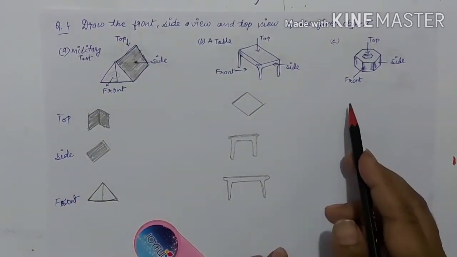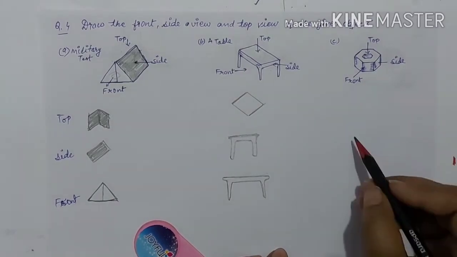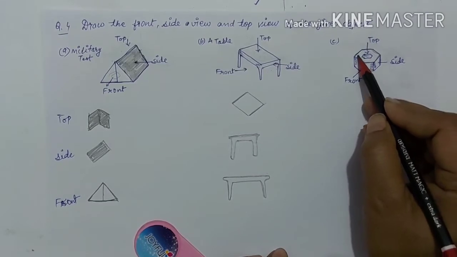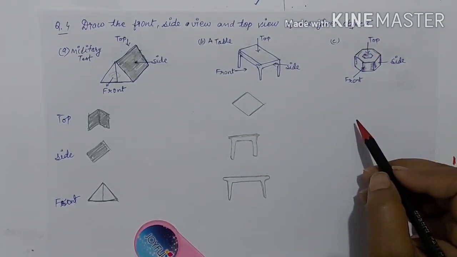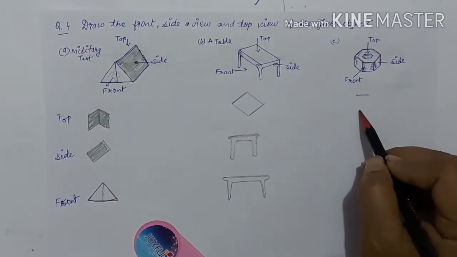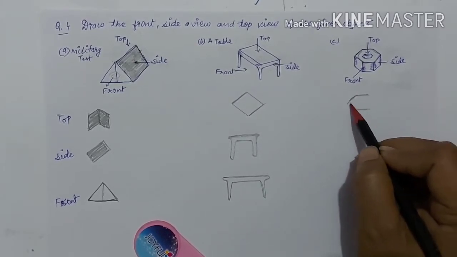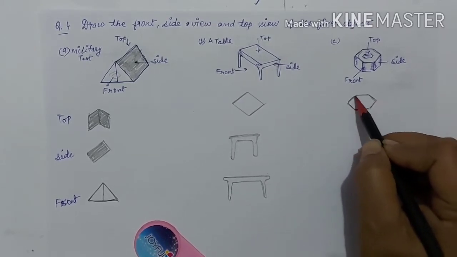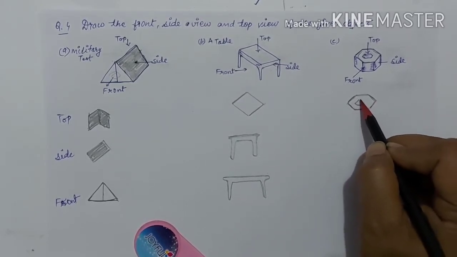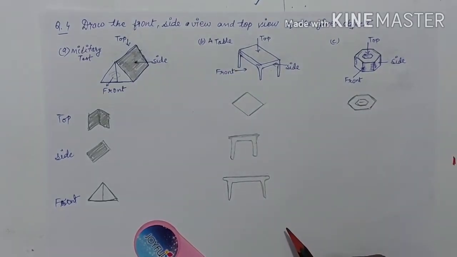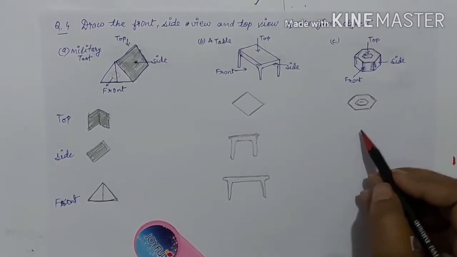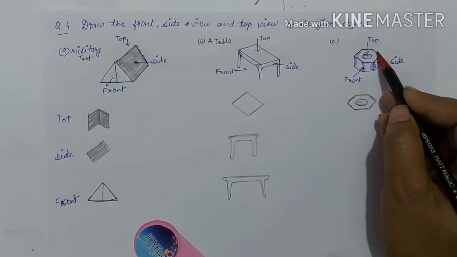Now third is a nut. The top view is 1 2 3 4 5 6. It is a hexagon. This is the top view. Next is the side view. Side view is only this shape and this shape.